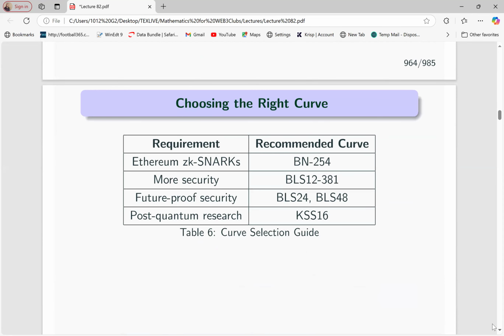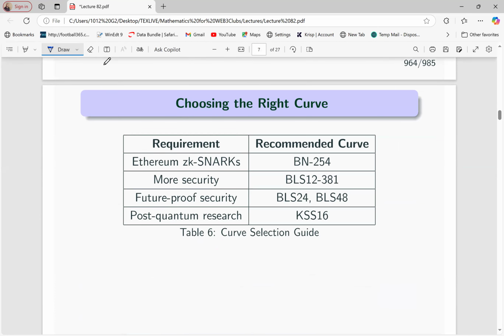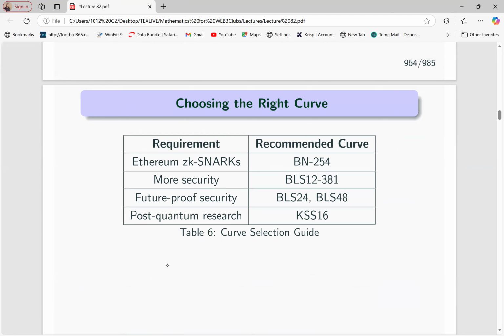So I also chose to look at what to consider when you are choosing the curve. For example, if you are dealing with Ethereum ZK-SNARKs, then this will be the right curve for you. And if you want more security, you would want this curve.